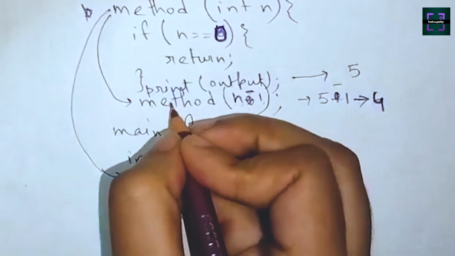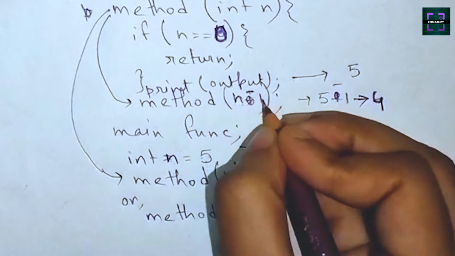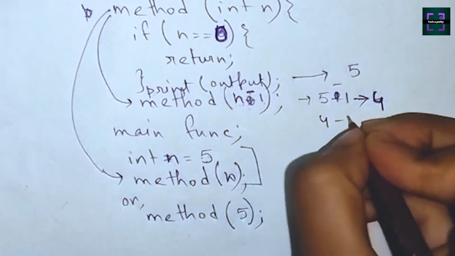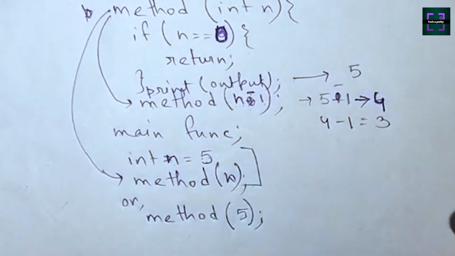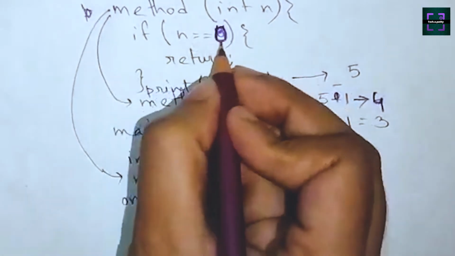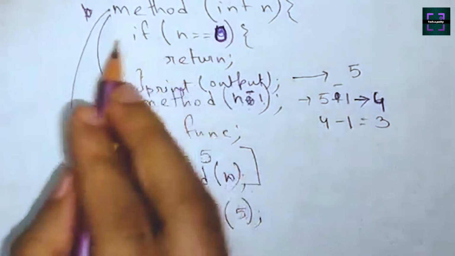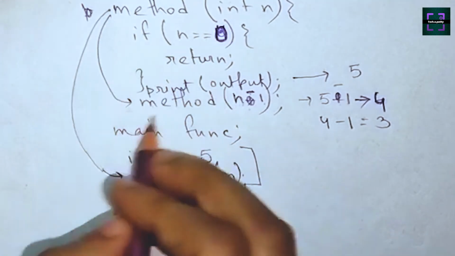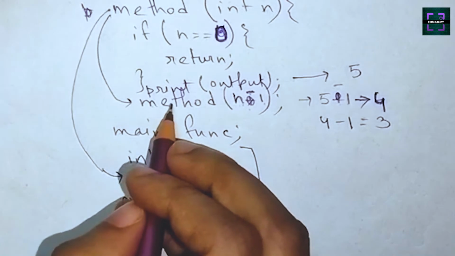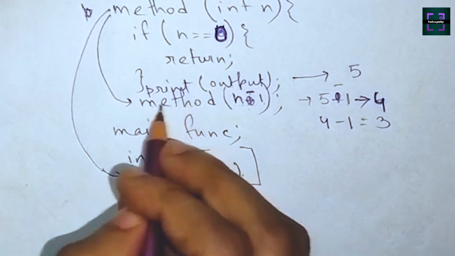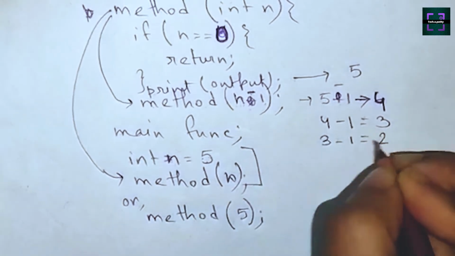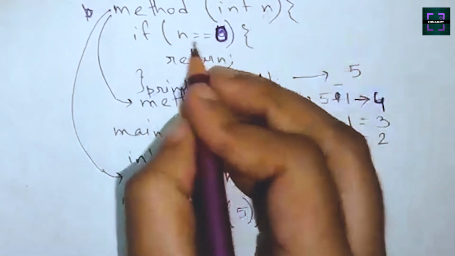Again it will call the method, and n minus 1, now it is 4 minus 1, that is 3. And 3 equals 0? No, then it will not enter this condition, and it will again enter this method. Now 3 minus 1 equals 2. 2 equals 0?